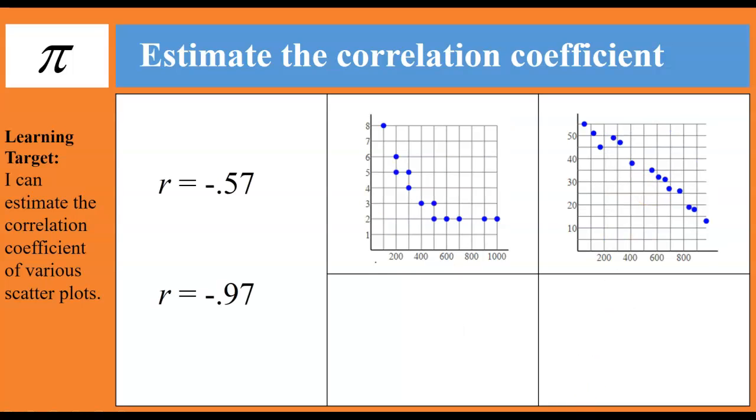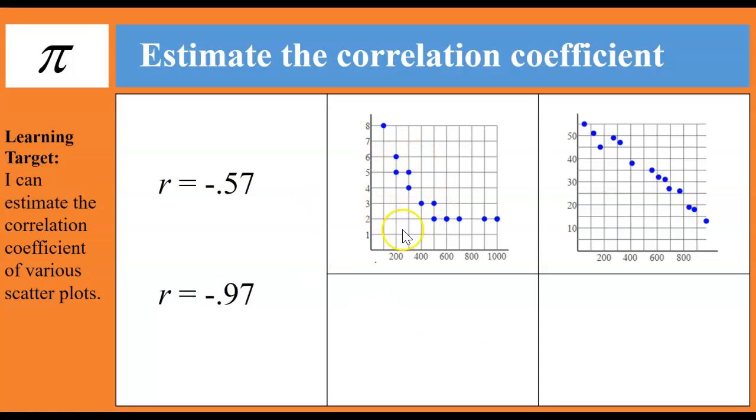Now let's take a look at another example. Both of these look like they have negative correlations. As one value gets larger, the other value is getting smaller. So both of these correlations are going to be negative. But now I need to figure out which one looks more line-like and which one looks a little more scattered.